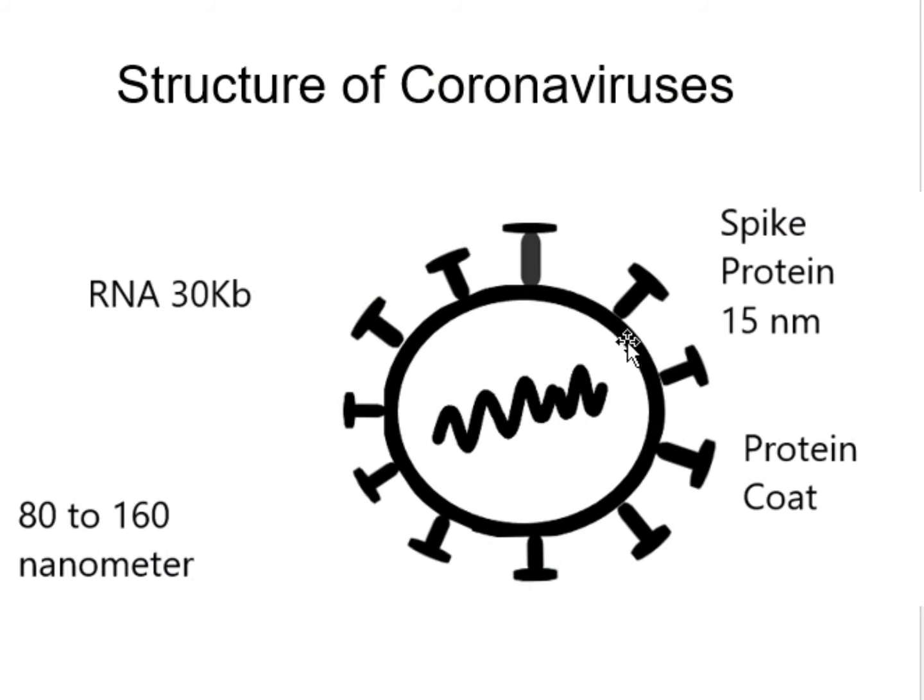So this is the simplified structure of coronaviruses: it has a circular protein coat, its diameter is 80 to 160 nanometers, and it's covered with spike proteins. Those are the spikes, and they are 15 nanometers in length. They interact with the host, and this whole structure is protecting the RNA inside the protein coat, moving it from one host to another.